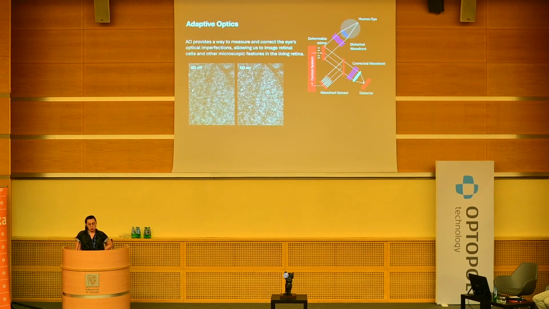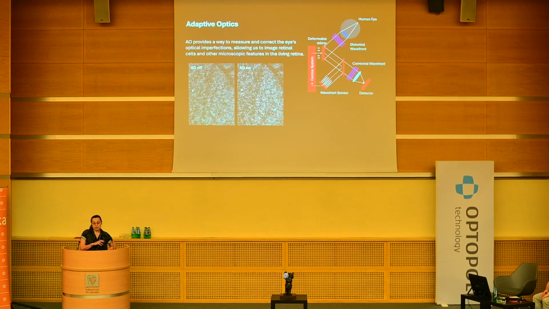Probably most of you know how adaptive optics works, but let me do a small revision. The wavefront coming from the eye is distorted due to aberrations caused by the ocular lens, tear film, and cornea.